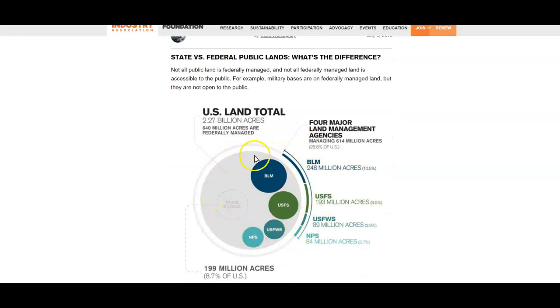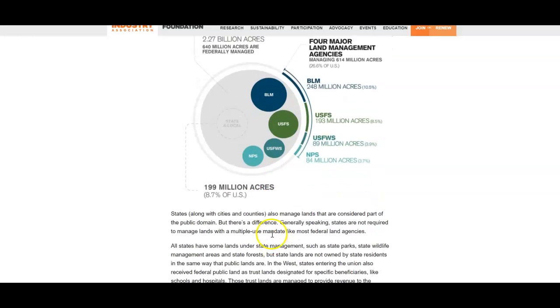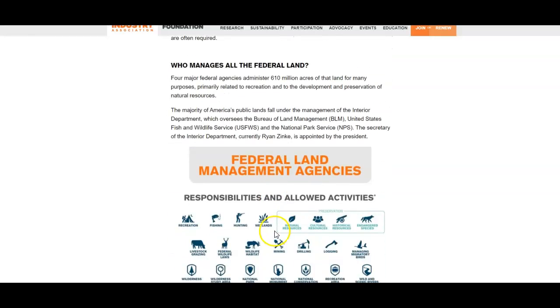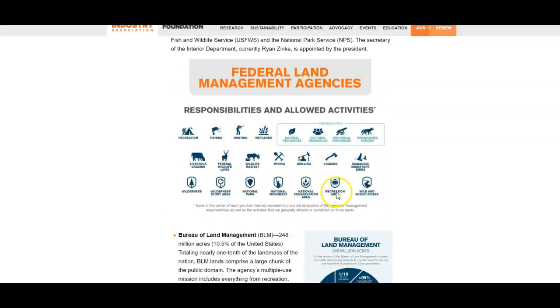So right here, this graphic, you can see that of the 640 million acres of federally managed land in our country, the BLM is the largest land manager, followed by the Forest Service, and then these two agencies. And then if we scroll down, you can see the different kinds of uses that happen on these federal lands.